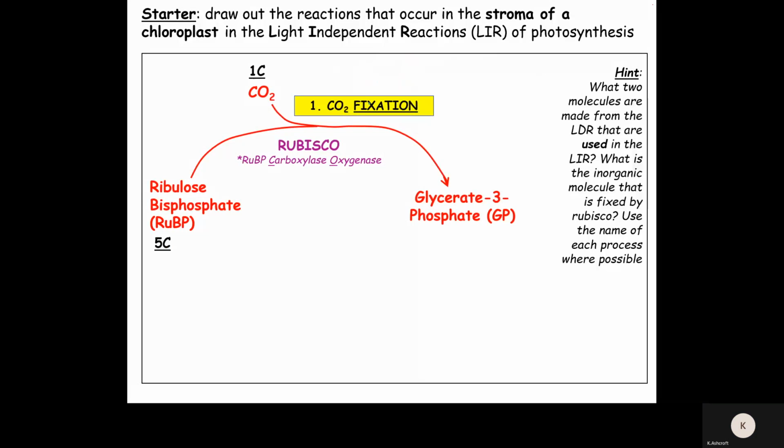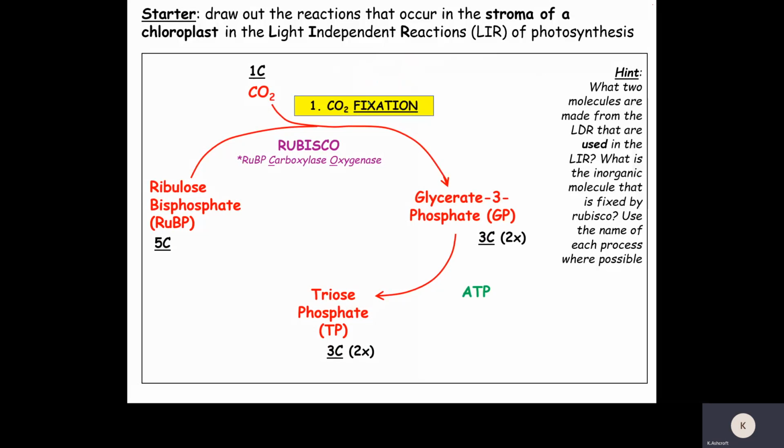Now we know GP, glycerate 3-phosphate, is reduced to triose phosphate. Now we can't say GP is converted to triose phosphate because we have to use the term reduced, and we have to know how it's reduced. So one of the molecules from the light dependent reactions is ATP.